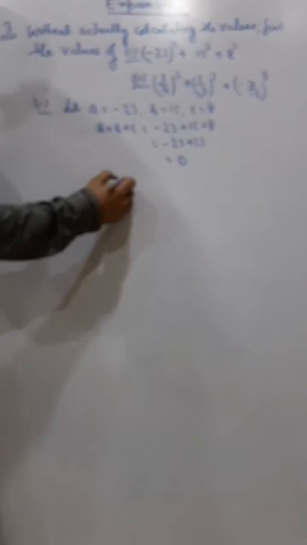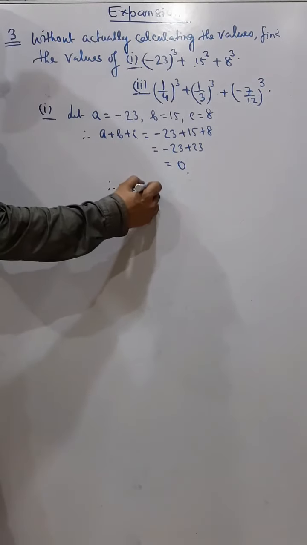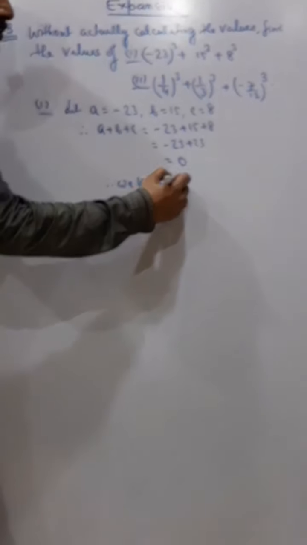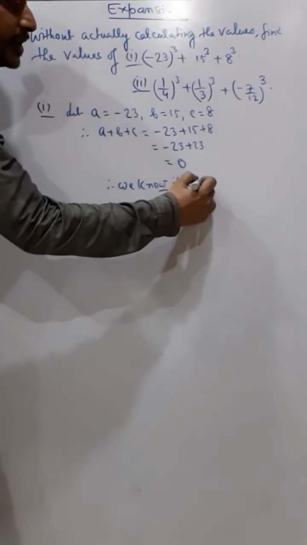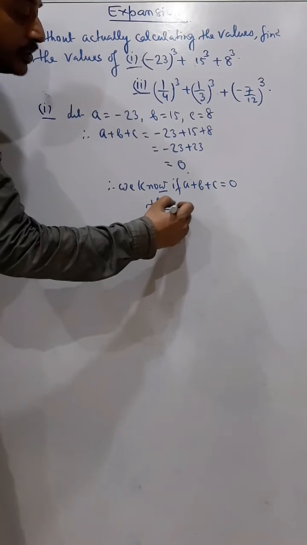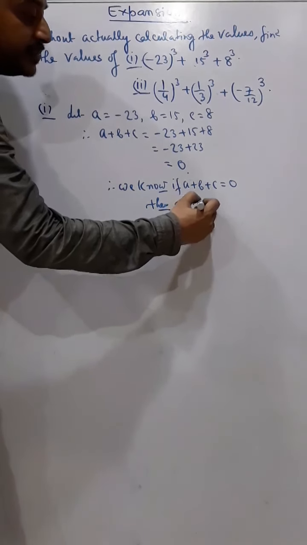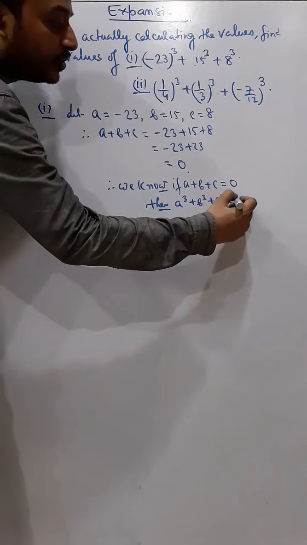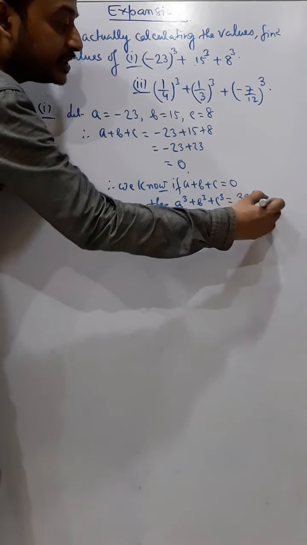So therefore we know that if a plus b plus c equals 0, then a cube plus b cube plus c cube is always equal to 3abc.